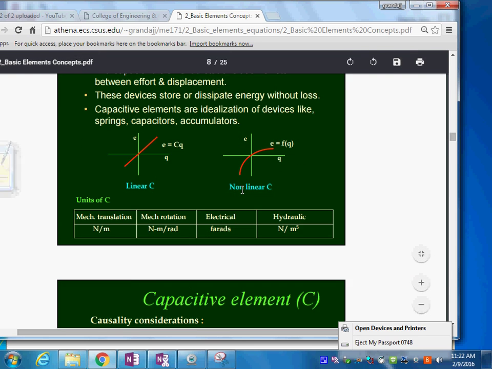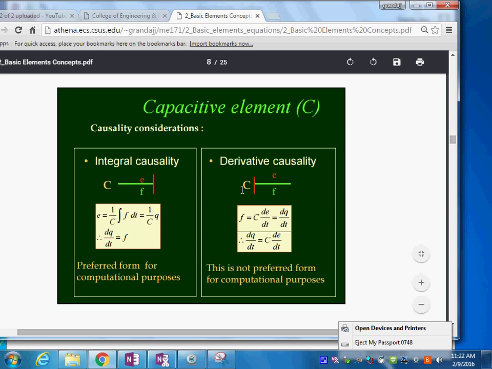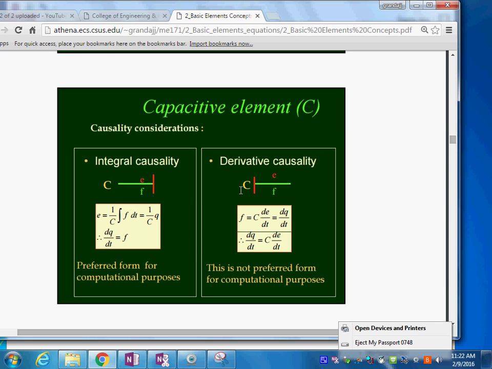So you have the integral form, which means E equals 1 over C times the integral of F dt, and then you have dq/dt is equal to F. So that's the differential equation that is born out of this.